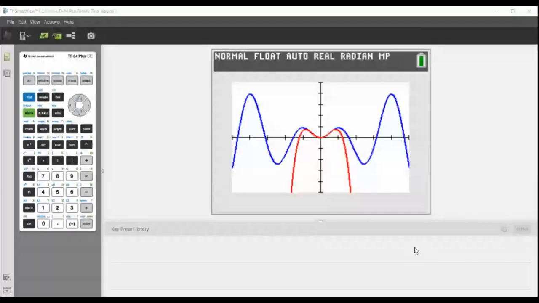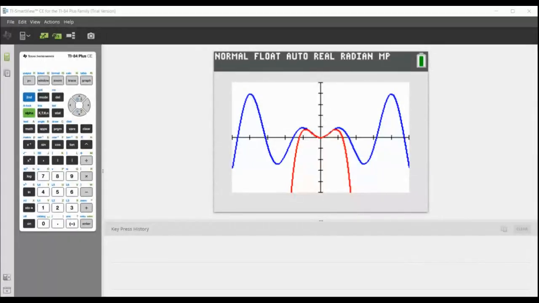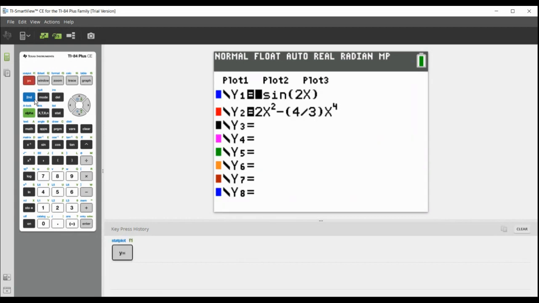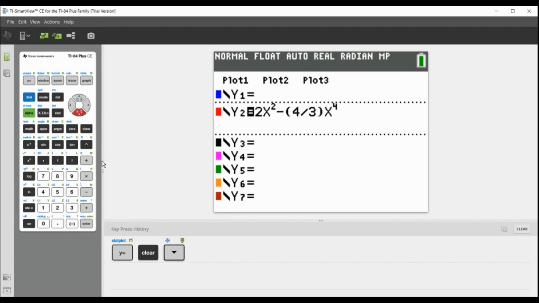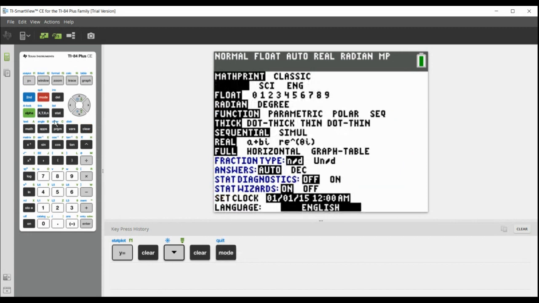Here we have our TI-84, 83 calculator. Let me go to y equals and clear these two things there. Then I'm going to go to mode.